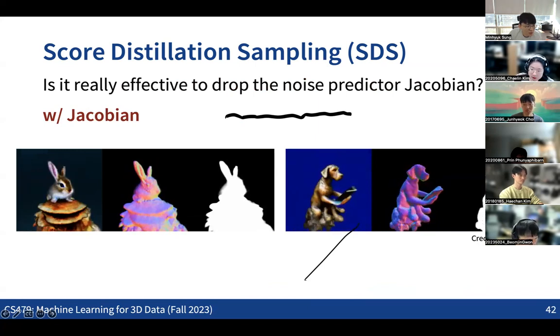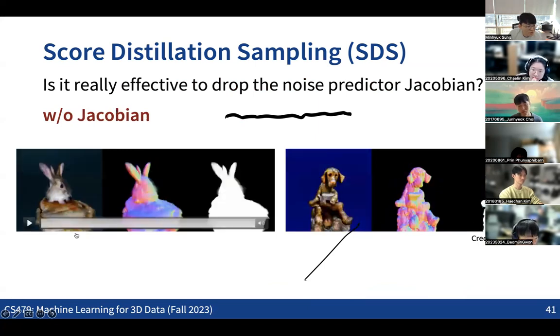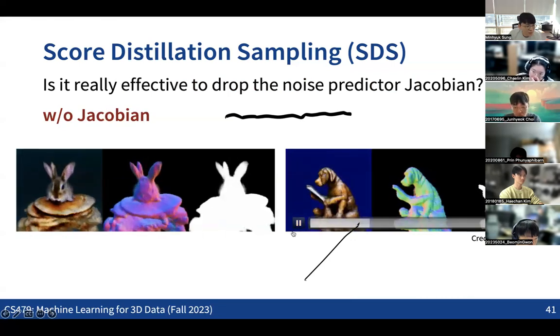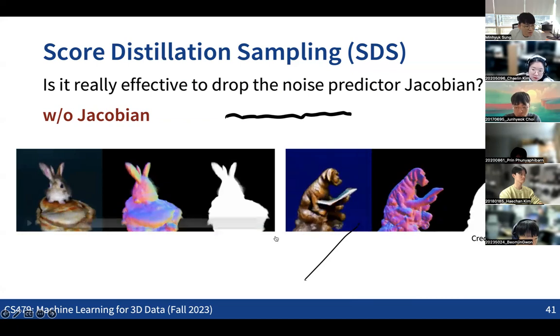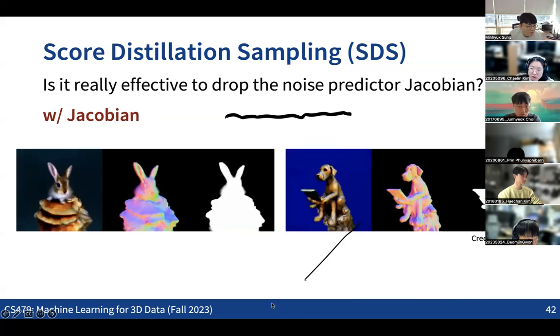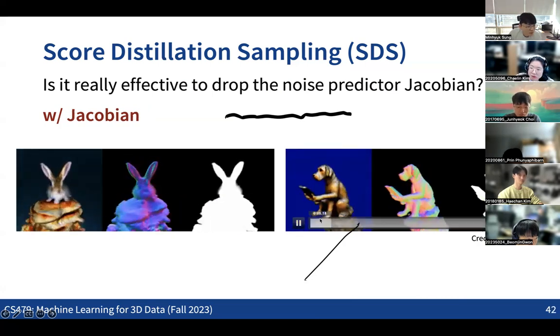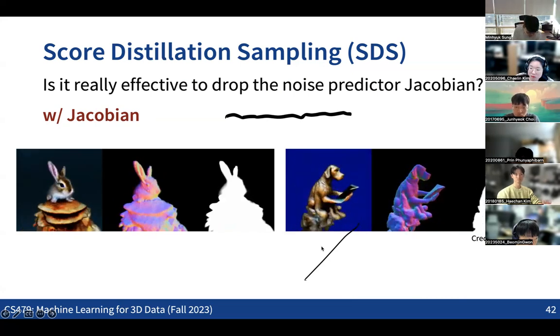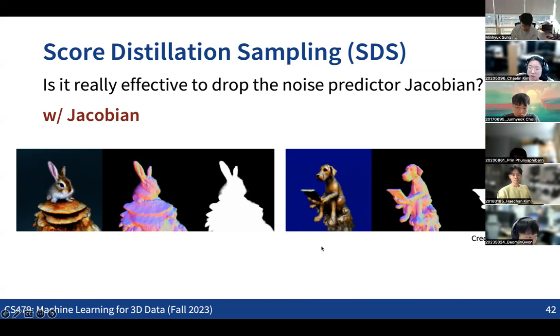As you can see, there's no meaningful difference. This is the original gradient descent without any modification. So there is no big difference.